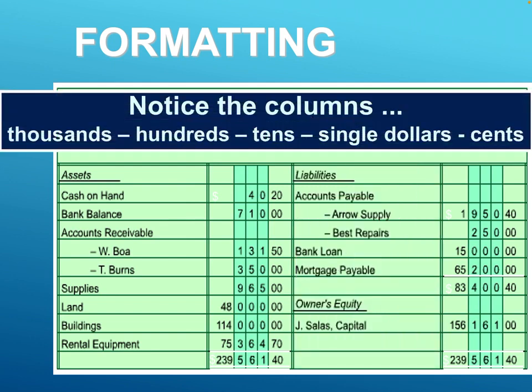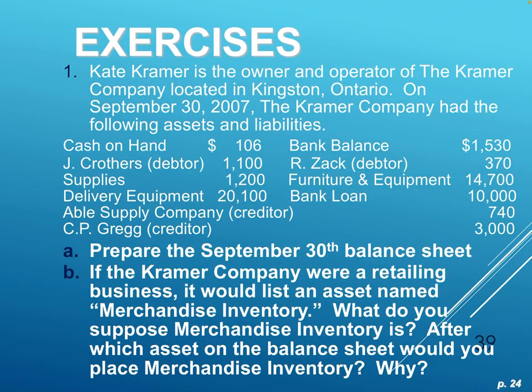Now notice when we're using column paper, this is the thousands column, the hundreds column, the tens column, the singles column, and the cents column. So the first number is actually $40.20. Bank on balance is $710. Accounts receivable is $131.50. So remember, it's not $4,020 for cash on hand. It's $40.20. So make sure that you're using the column paper correctly.